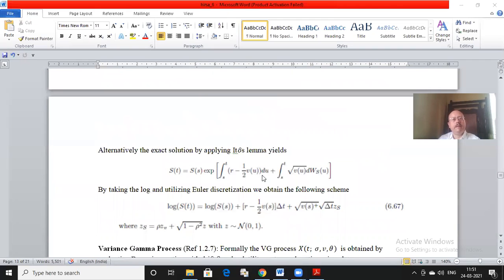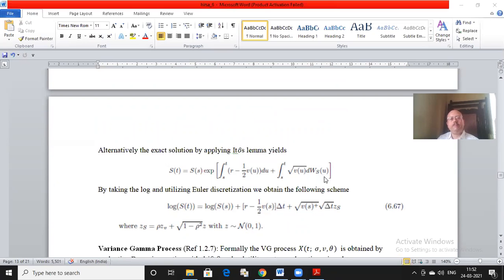And then once I get the final expression, I can evaluate it by taking log and utilizing the Euler discretization on the solution. So I can say that log S_t will be log S at s plus this thing delta t, which is the approximation for this integral, and square root of V_s plus root over delta t Z_S, which is the approximation for this second integral. So again, the integrals, the functions are evaluated at the starting point, taken outside.